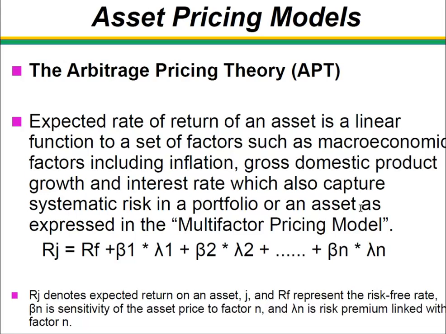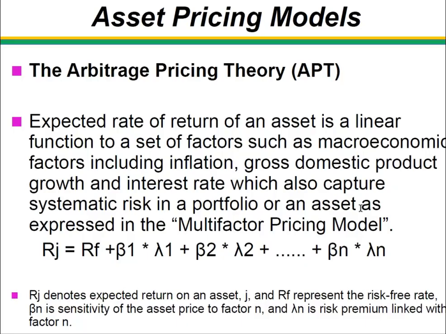This framework is much more flexible than CAPM because it can accommodate any number of risk factors that are relevant for a particular asset or market. For example, we might include factors for interest rate risk, economic growth risk, and industry-specific risks.